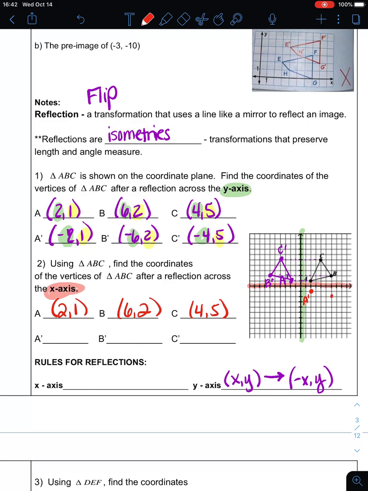B is 2 above, it will be 2 below. And C is 5 above, so it will be 5 below. Here's my new triangle, and the coordinates are 2, -1, 6, -2, and 4, -5.